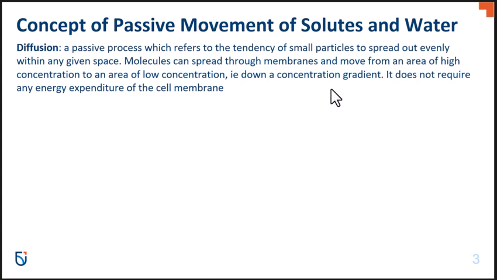Let's elaborate now on the concept of passive movement. So passive transport. We're going to be looking specifically at passive movement of solutes and water. And I'd mentioned earlier that this was called diffusion. So diffusion is a passive process.